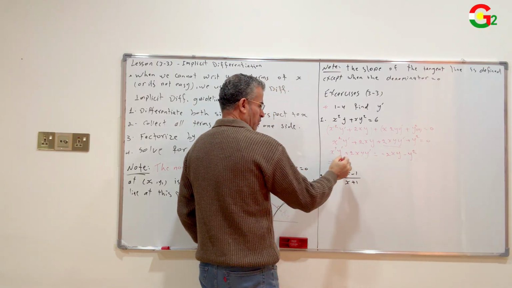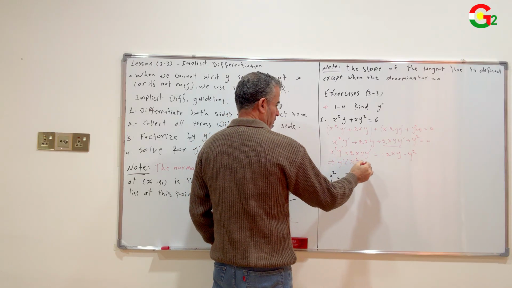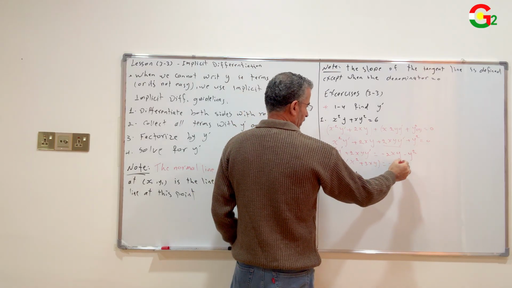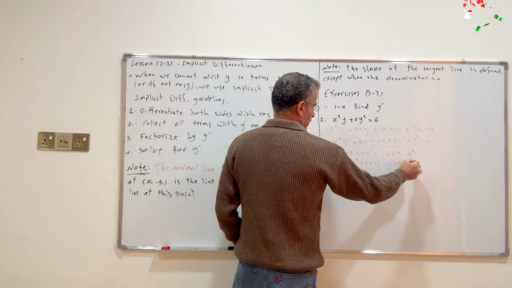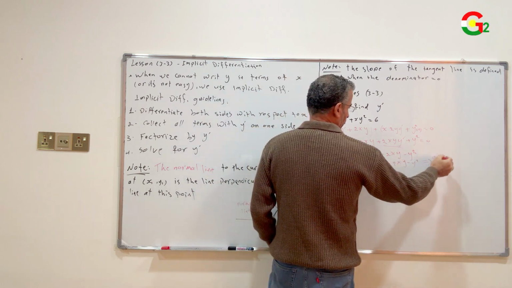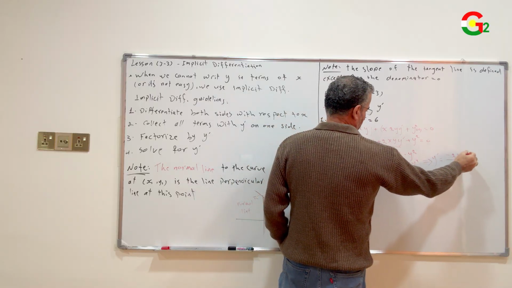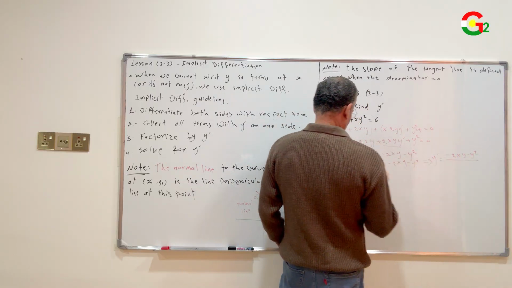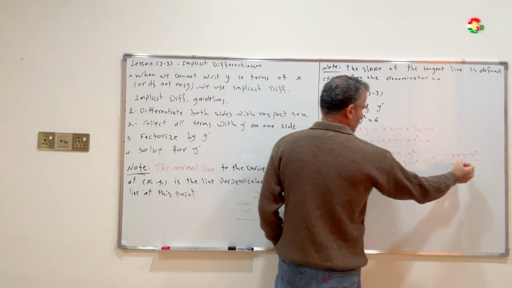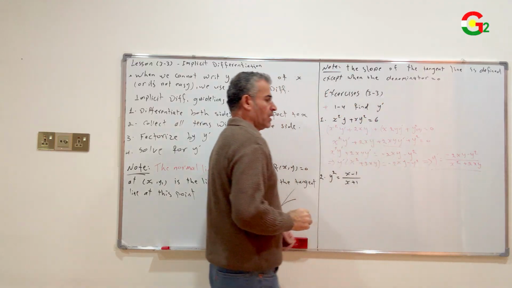Factorize the terms with y prime: y prime times x power 2 plus 2xy equal to negative 2xy minus y squared. Solve for y prime: y prime equal to negative 2xy minus y squared over x power 2 plus 2xy. This is the last answer.